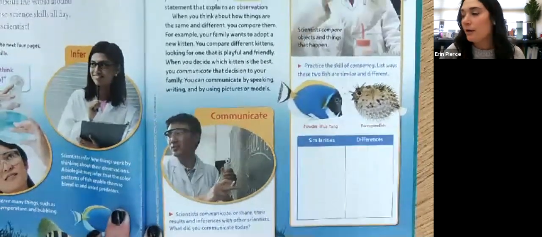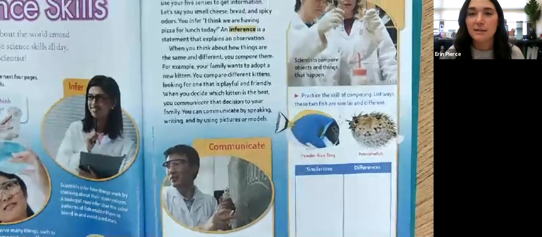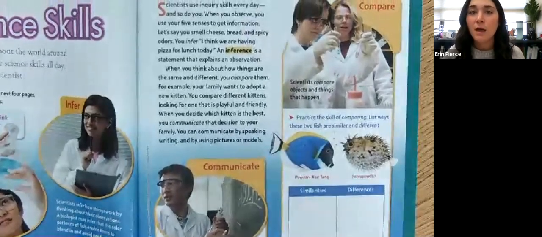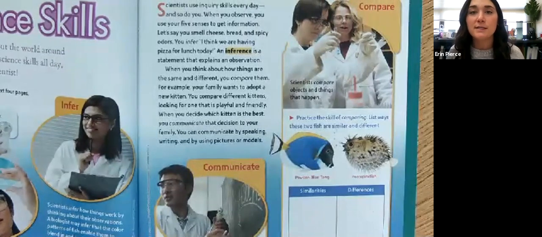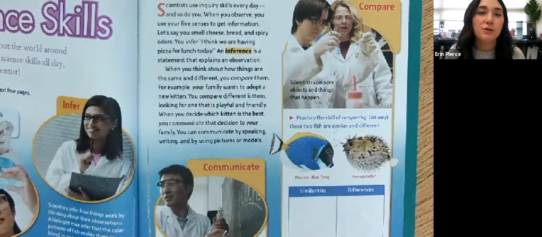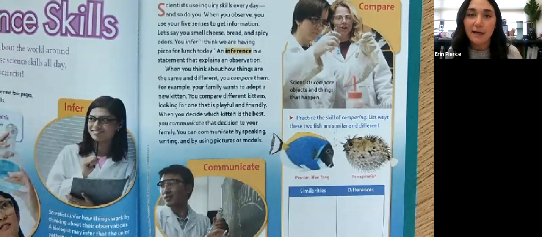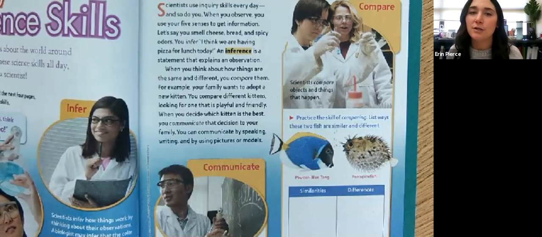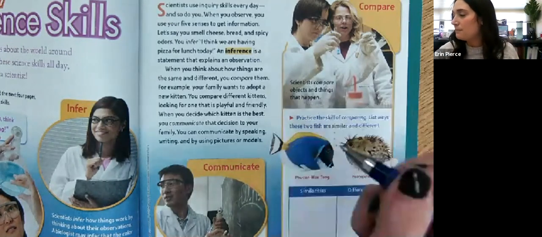All right, I'm going to go up to the top of page 19 and start reading. Scientists use inquiry skills every day, and so do you. When you observe, you first use your 5 senses to get information. Let's say you smell cheese bread and spicy odors. You infer, I think we were having pizza for lunch today. An inference is a statement that explains an observation.